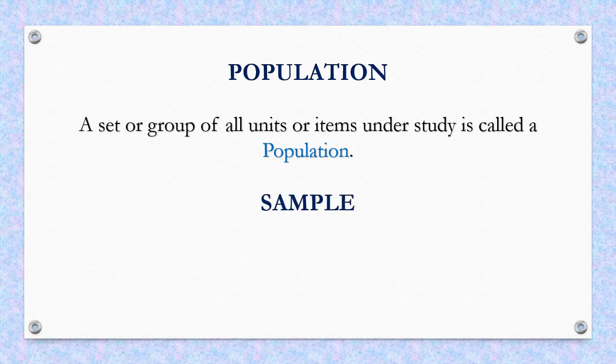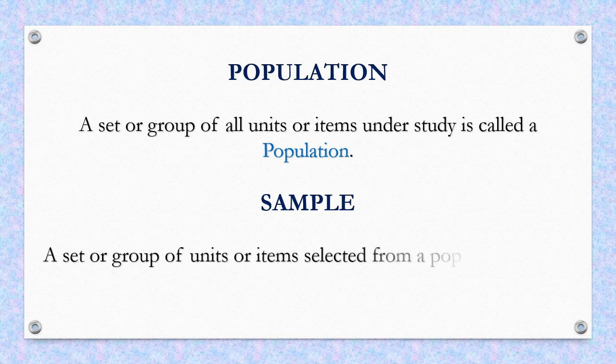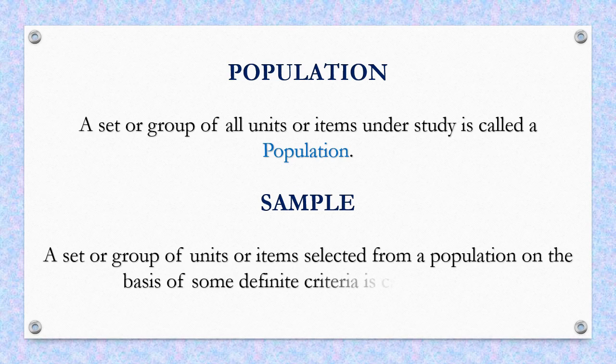Similarly, a sample is a set or group of units or items selected from a population on the basis of some definite criteria. So population and sample are very important terms which we will need to study this chapter. So we revised them.